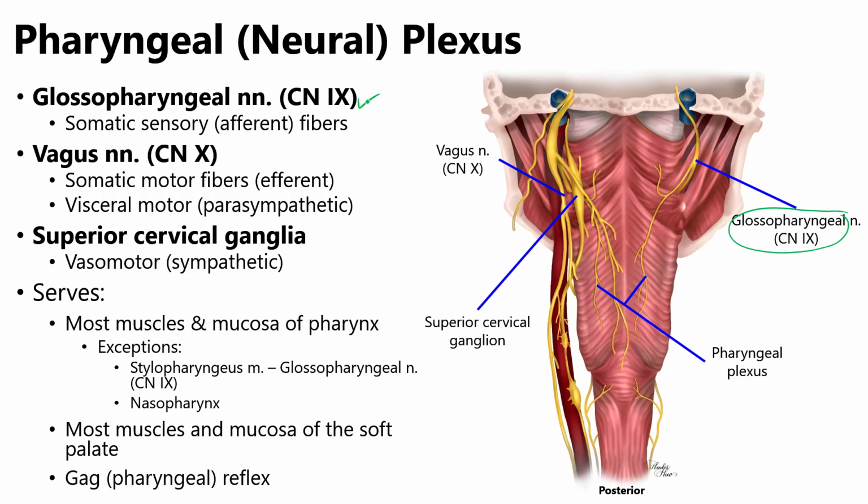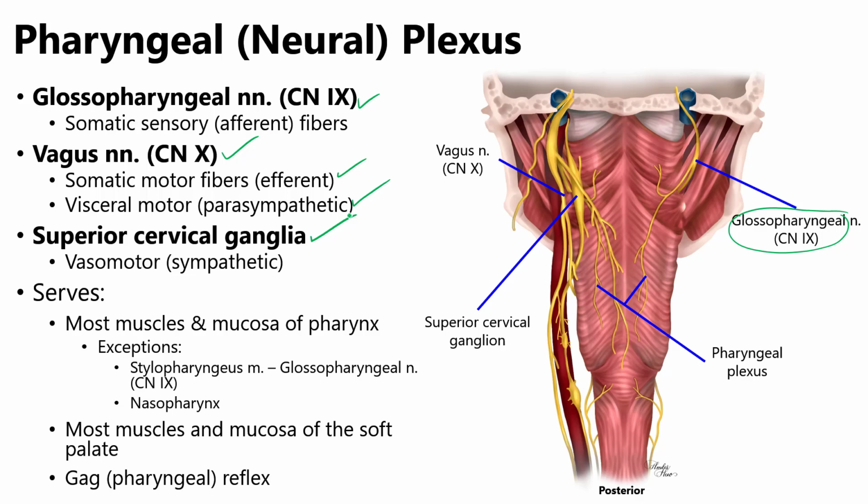We also have the vagus nerve, which has dual duty of being somatic motor to the muscles of the pharynx, as well as visceral motor, or parasympathetic, to the mucosa of the pharynx. And then we have the superior cervical ganglion of the sympathetic chain, which is vasomotor. So that helps to constrict arteries that supply the blood to the walls of the pharynx.